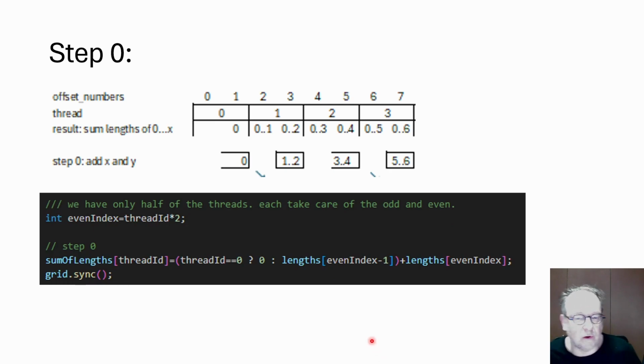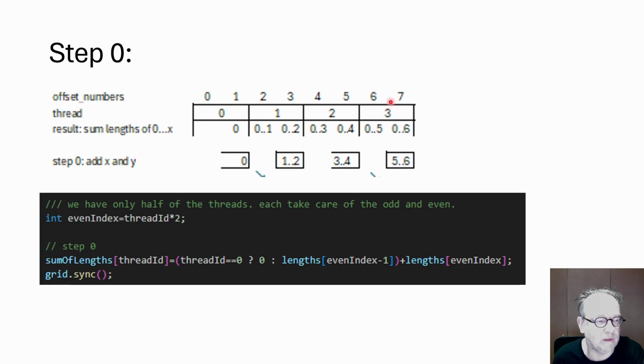Remember, step 2 is already doing some partial sum of 2 lengths. For instance, thread number 2 calculates the sum of lengths 3 and 4. Now, that 4 is actually deduced from the thread ID. So thread number 2, there the even index is 4.